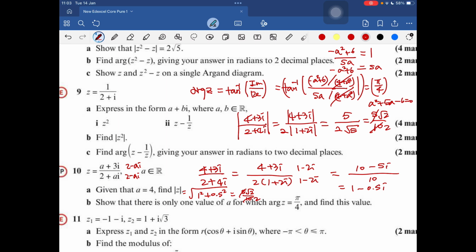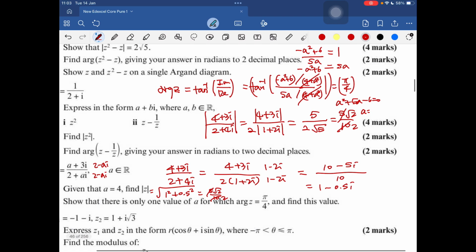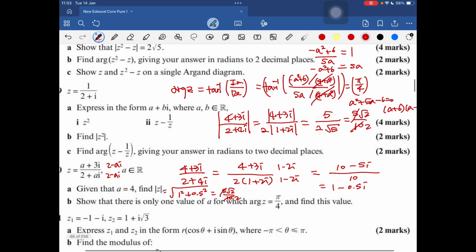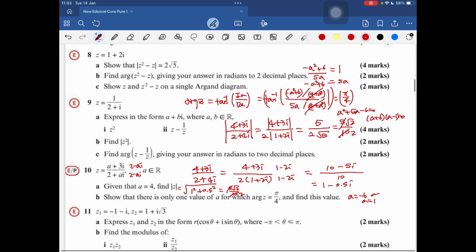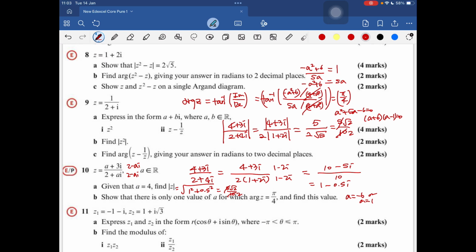So a should be, like, a plus 6 and a minus 1 equals 0. So a can be negative 6 or a can be 1. Why do I have 2? It says only one value.